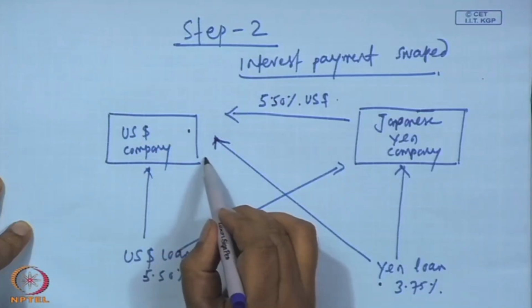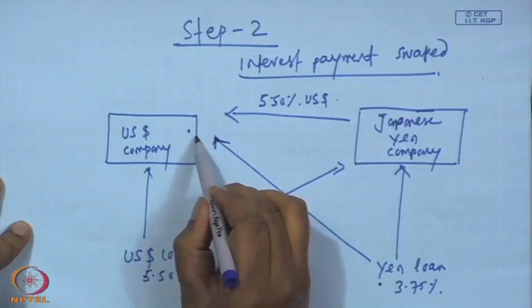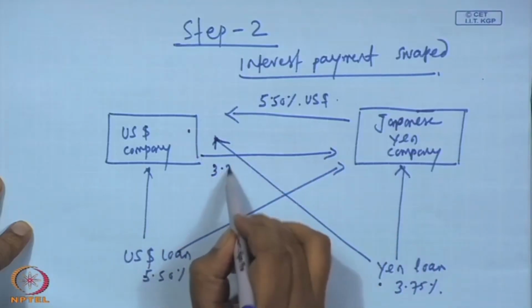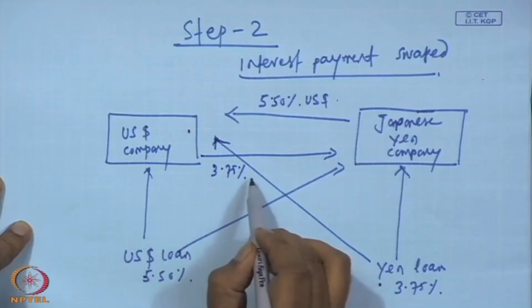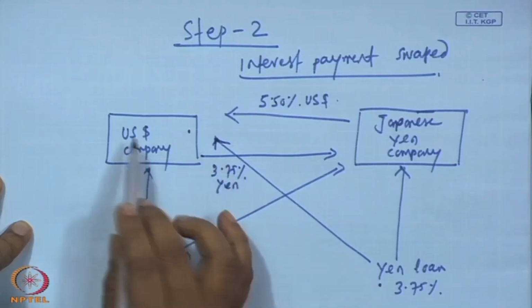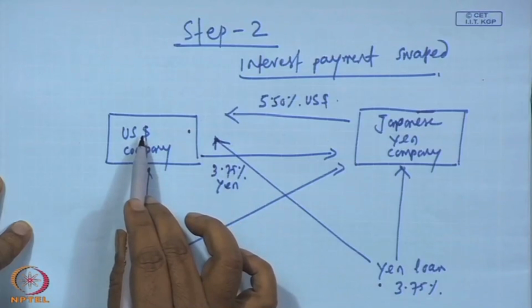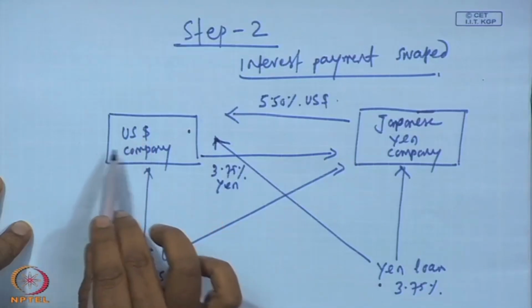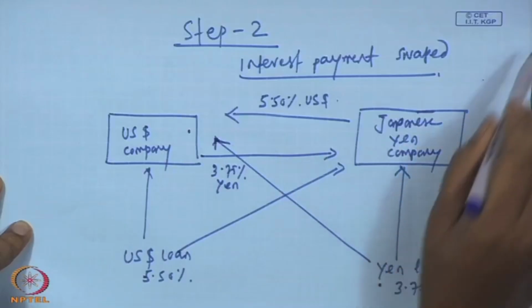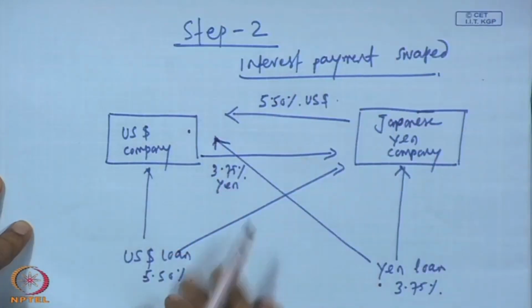Same thing in case of the Japanese yen loan: the 3.75% yen denominated interest is paid by the US company and transferred to the Japanese company, which again transfers it to the respective financier. The transaction takes place in this way.